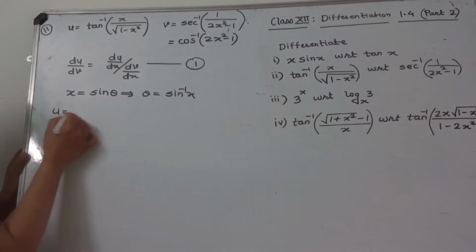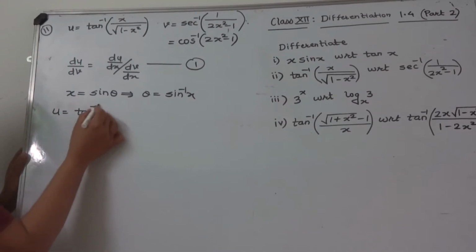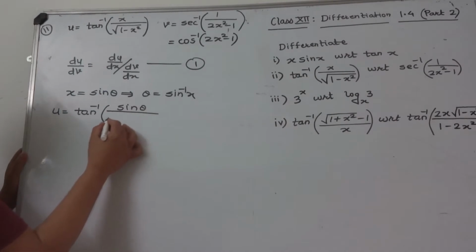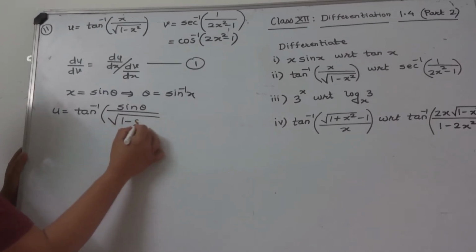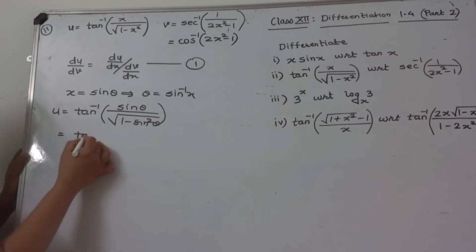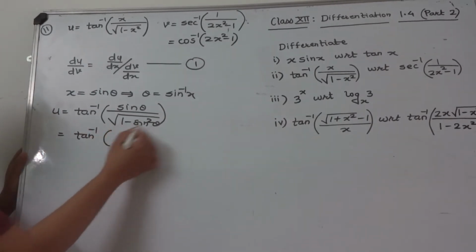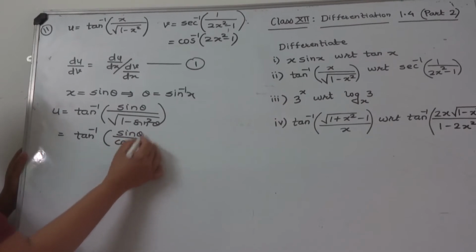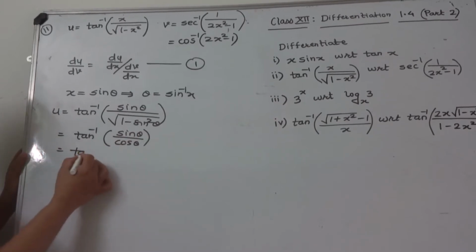So u becomes tan inverse of sin theta upon under root 1 minus sin square theta. What is 1 minus sin square theta? It is cos square theta, and root of cos square theta is cos theta, so we get sin theta upon cos theta, and sin upon cos is tan.